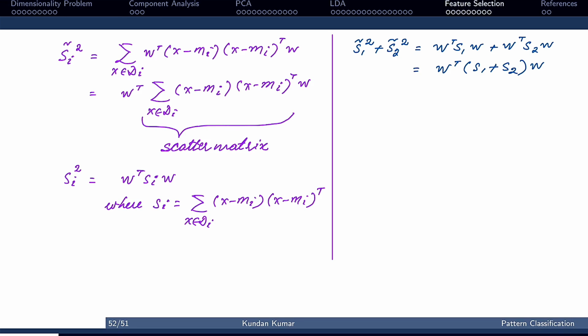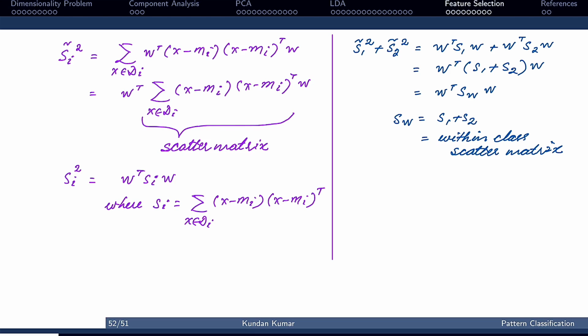So now we can write W transpose SW W, where SW is basically S1 plus S2, which is called within class scatter matrix.